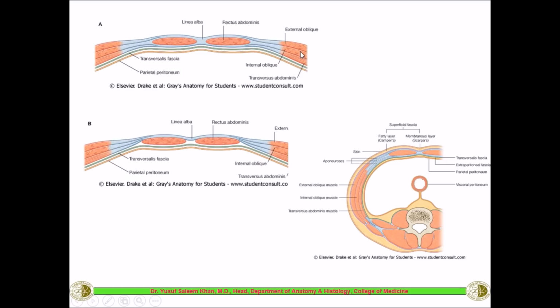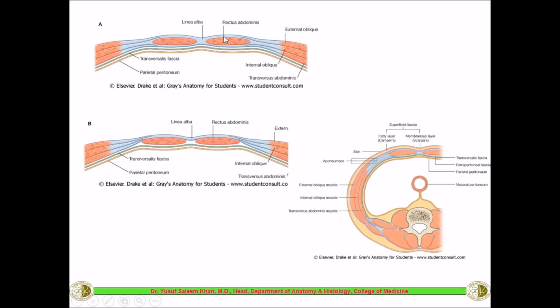The internal oblique is typical: when it comes to the lateral border, it splits into two laminae. The anterior lamina joins with the external oblique aponeurosis and forms the anterior wall of the rectus sheath, and the posterior lamina joins with the transverse abdominis aponeurosis and forms the posterior wall of the rectus sheath. This is how the internal oblique splits into two.